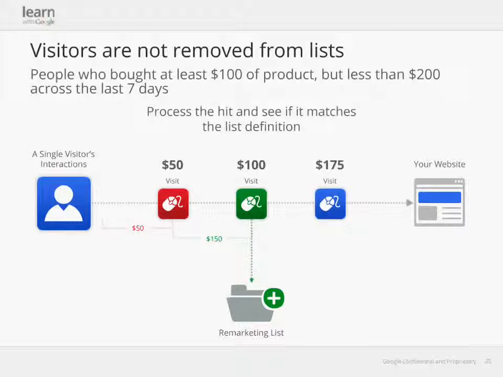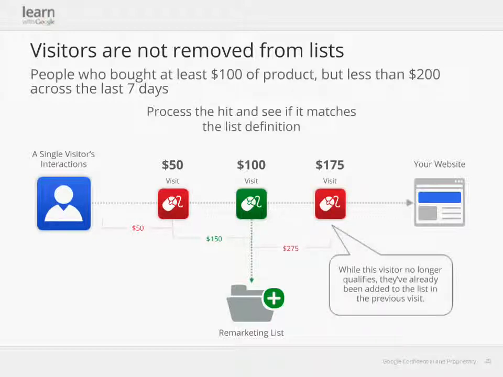When this third visit occurs and they spend $175 in that visit, when we process that visit, imagine it's overlapping with the prior visit. When we look at that visitor, they've spent $275. So now they no longer qualify for the definition that you've defined. But here's the catch.